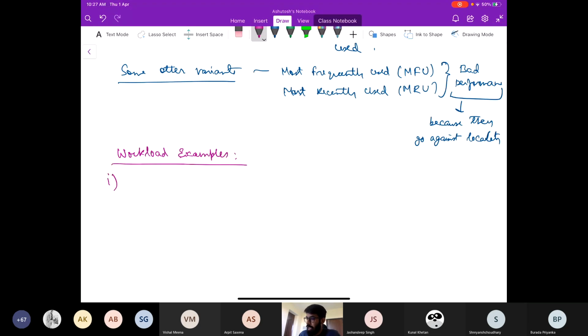Okay, so the first one they look at is no locality. There is no locality in the process. It just accesses pages at random. Then how do you think they will perform? Actually, RAND and LRU and FIFO all perform equally badly, or equally well, whatever you want to call it.